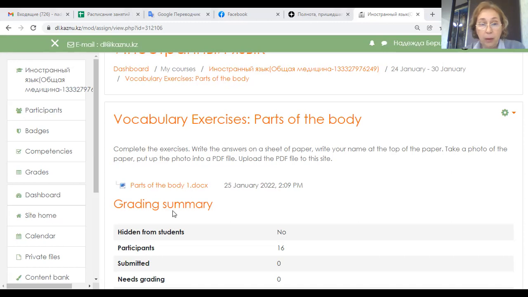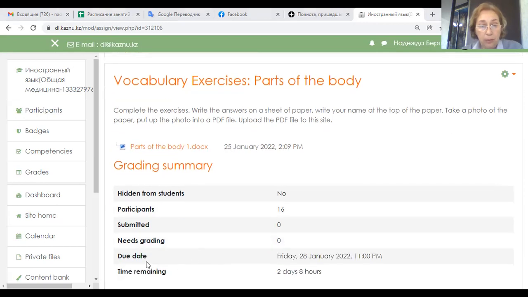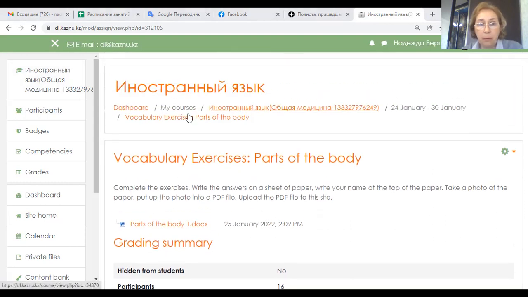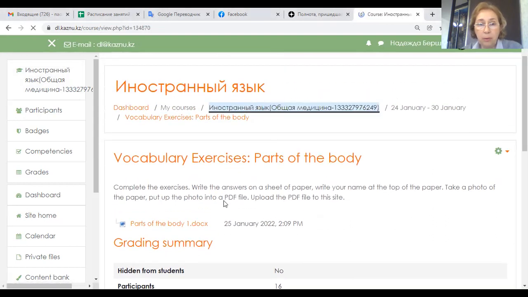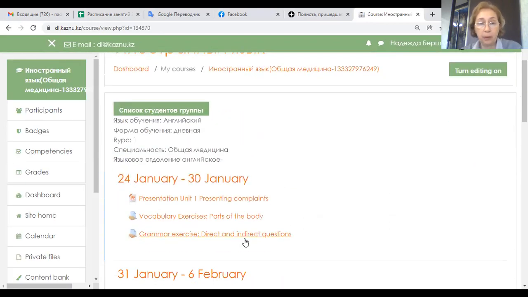So do you see? You can upload only PDF files here to this folder. And as you can see, the due date, the deadline, is Friday at 11 p.m. So don't miss the deadline. And the same is about the grammar exercise.